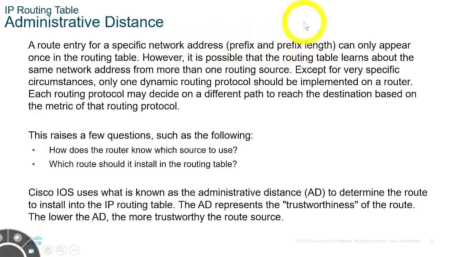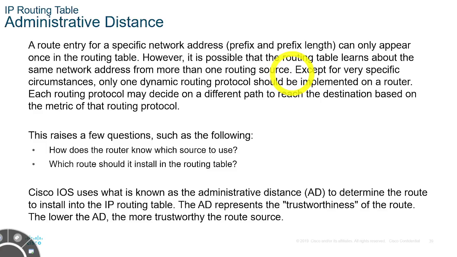which is prefix slash prefix length, can only appear once in the routing table. However, it's possible that the routing table learns about the same network address from more than one source. Yes, that's true.